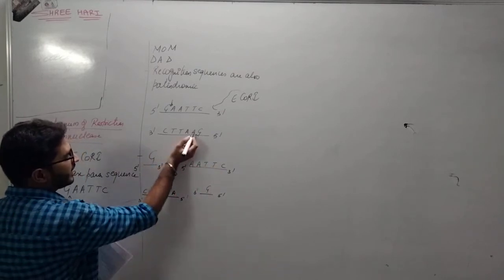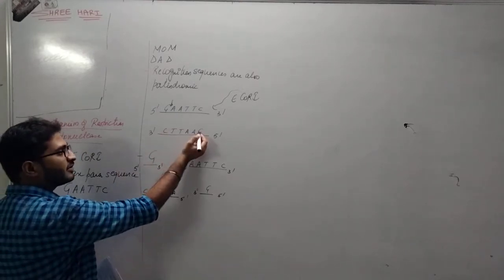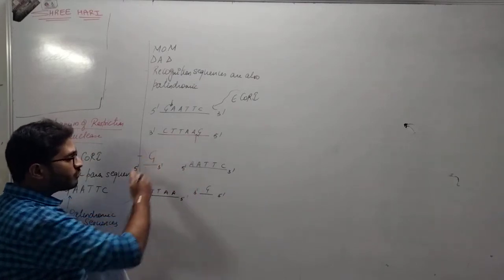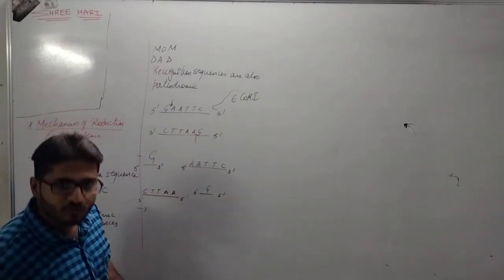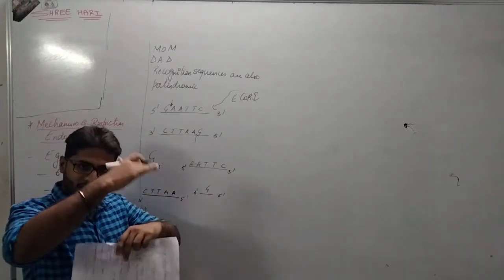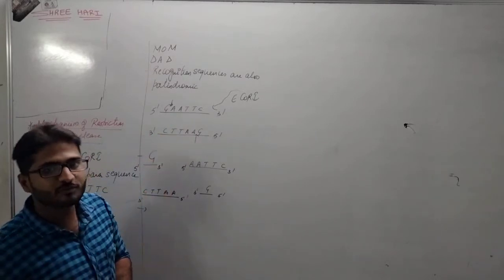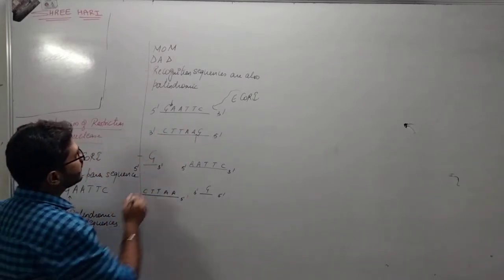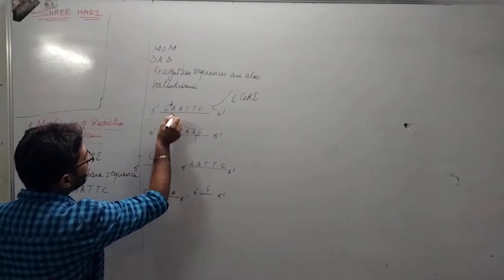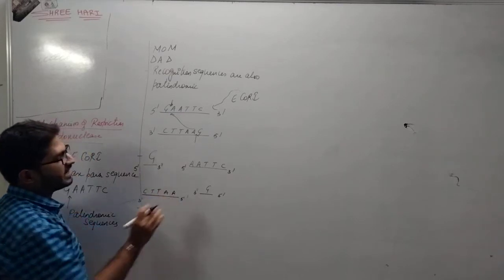If you read reference books and the diagrams they give, overhangs can be produced with the help of such palindromic sequences. So this AATTC will come and attach at this site, because CTTAA is intact.